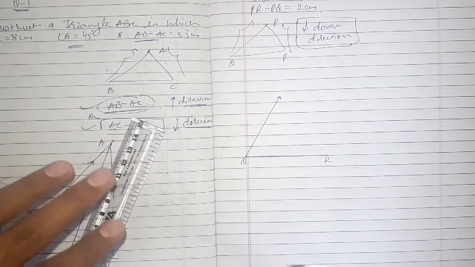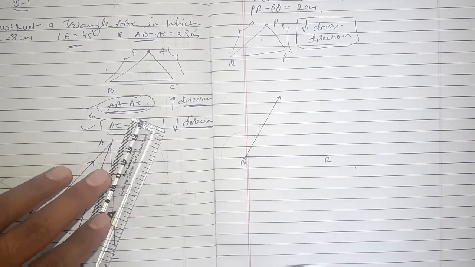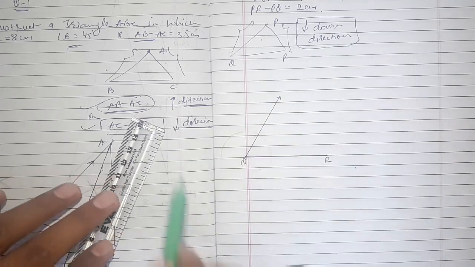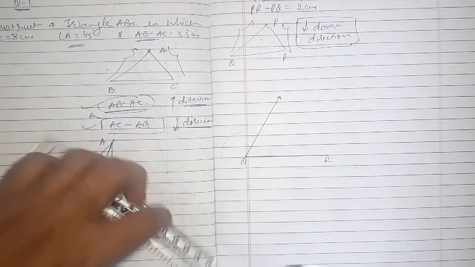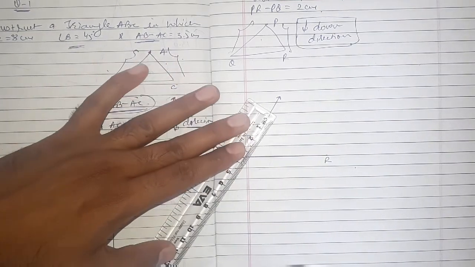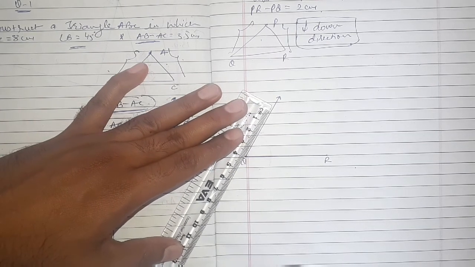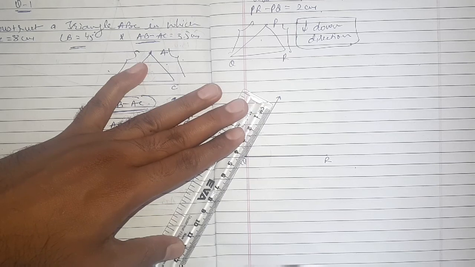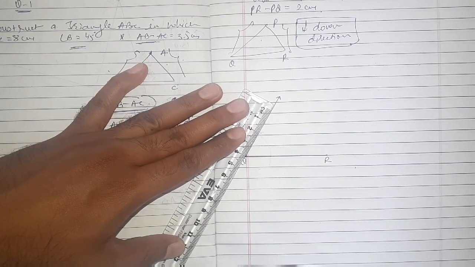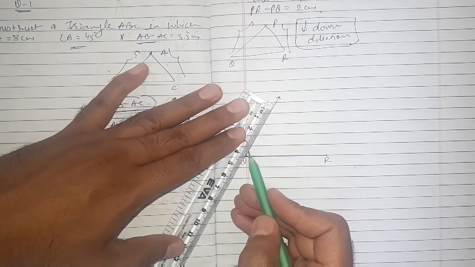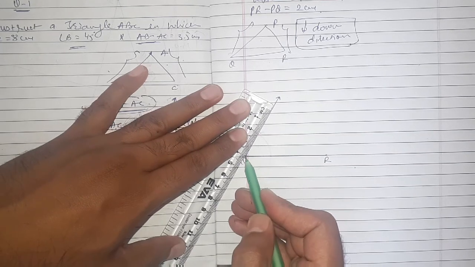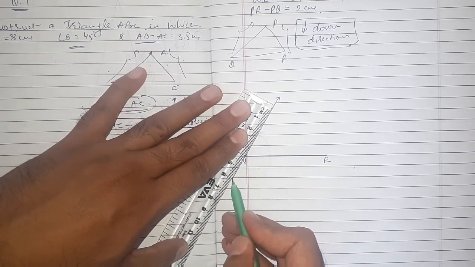Clear? Now it says PR minus PQ, and we know that we have to construct in the downward direction. So with the same direction of the 60 degree, I'll take 2 centimeter down.